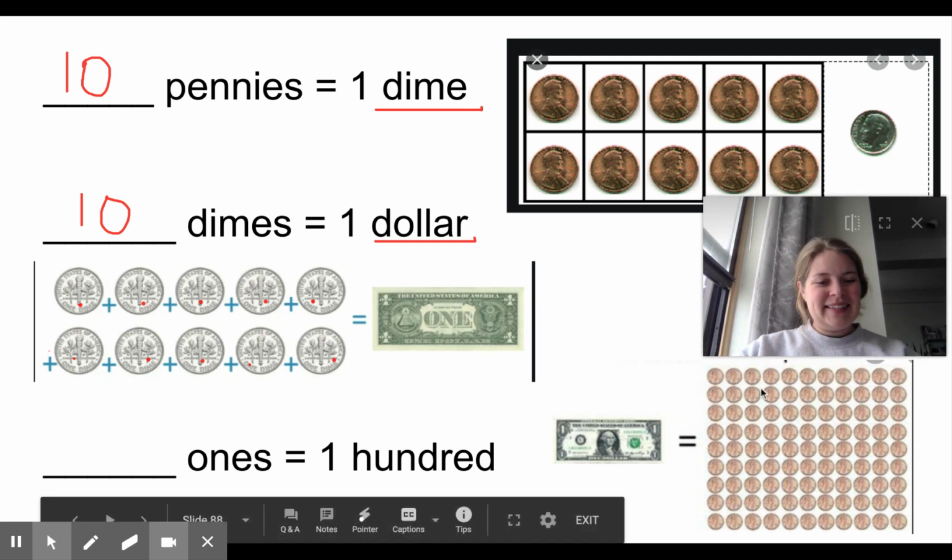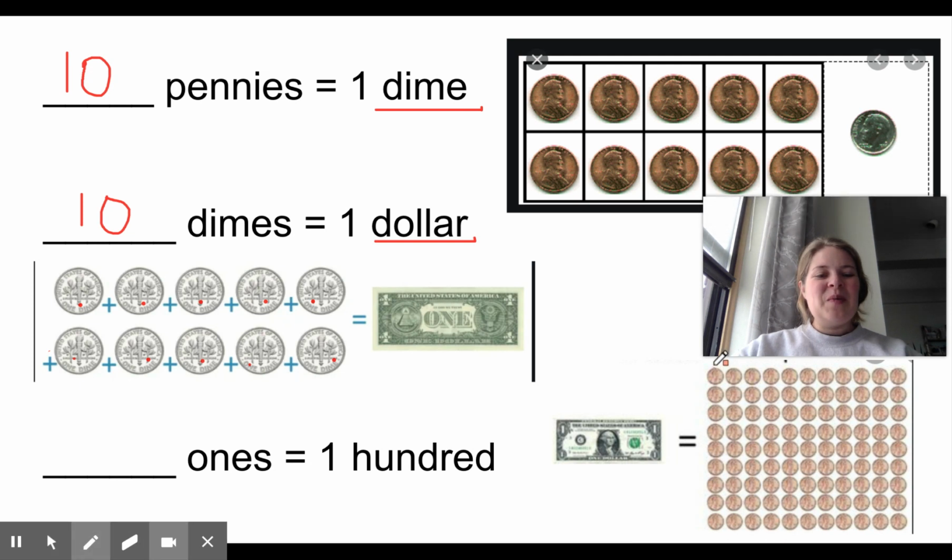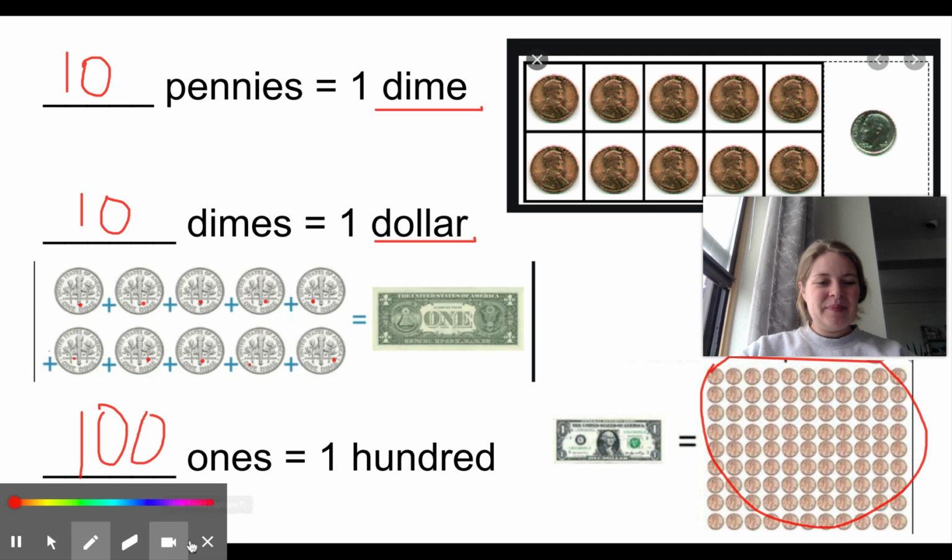Any ideas? 100 pennies equals $1. Or 100 ones equals 100. It's the same idea. Instead of a 1, though, we have a penny. Instead of a 10, we have a dime. And instead of 100, we have a dollar. Good work.